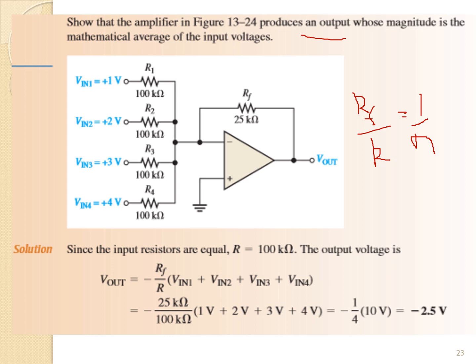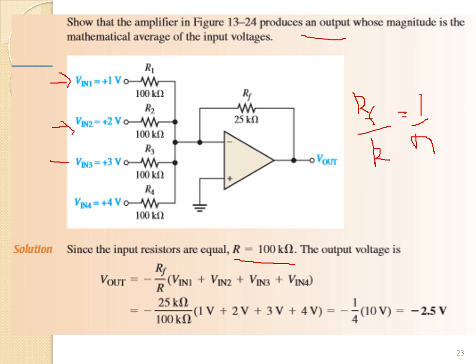So now we have 4 inputs, V in 1 is 1 volt, V in 2 is 2 volt, V in 3 is 3 volt, and V in 4 is 4 volt. The input resistors are equal, where R is equal to 100K.